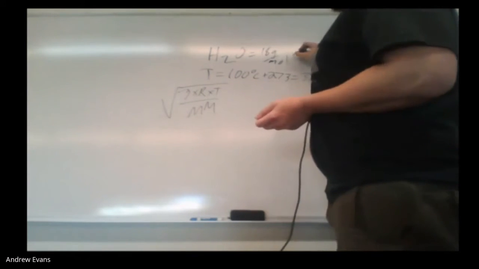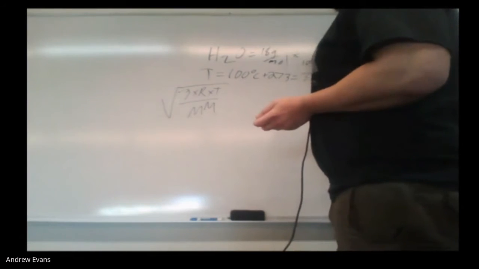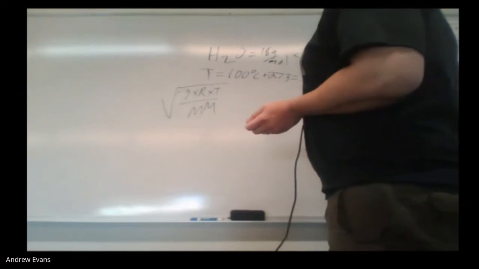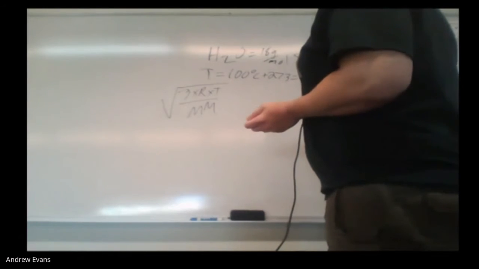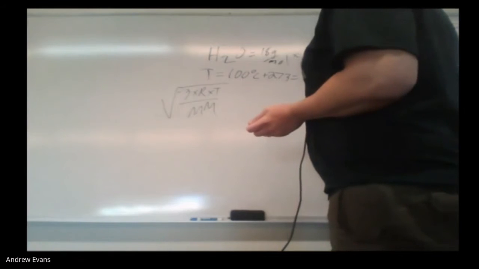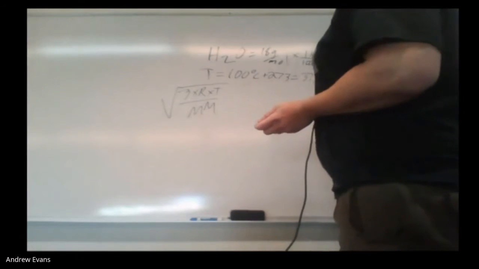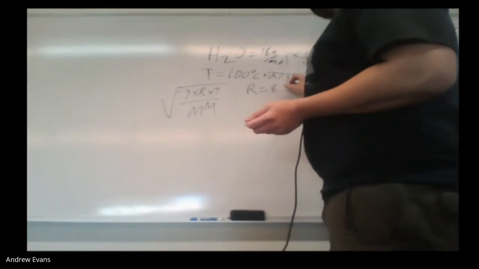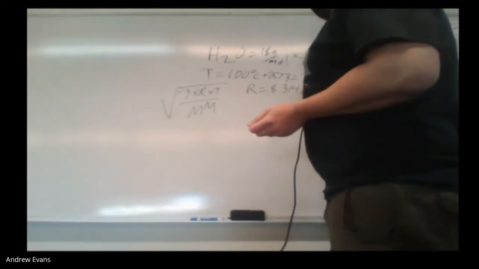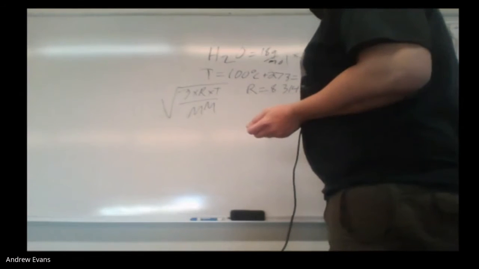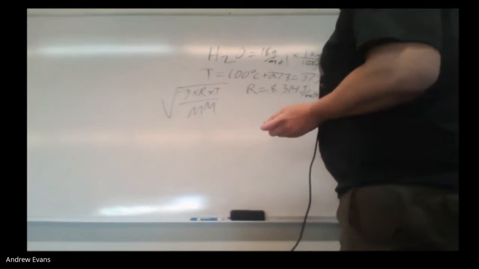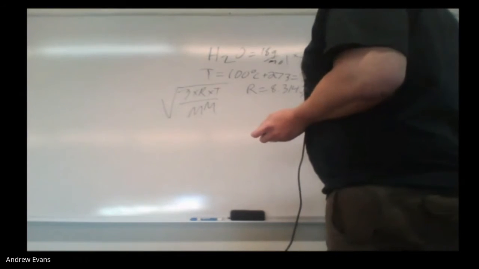Second, we have to turn grams per mole into kilograms per mole. There's going to be one problem on the homework like this. And third, our R is not our usual R. It's 8.314 joules per mole Kelvin, which is 8.314 kilogram meter squared per second squared mole Kelvin.